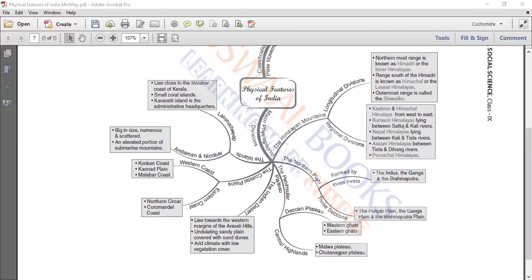In this chapter, you understood the location of the different physiographical divisions of India and their characteristics and features. This is exactly what you should be learning for your examination. Comparing between the two different physiographical features and also relating how each physiographical feature complements each other.